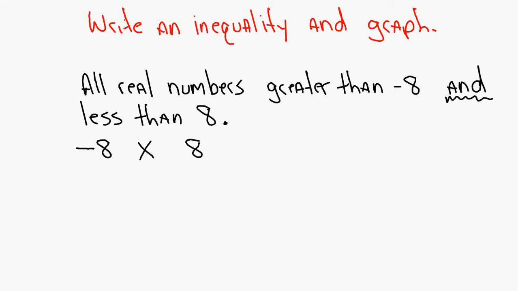Now you're looking for numbers that are greater than -8. So you've got an arrow without the equal sign pointing to the left. And you're looking for less than +8. So that's the same symbol.